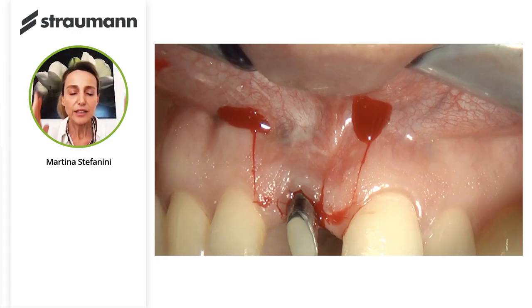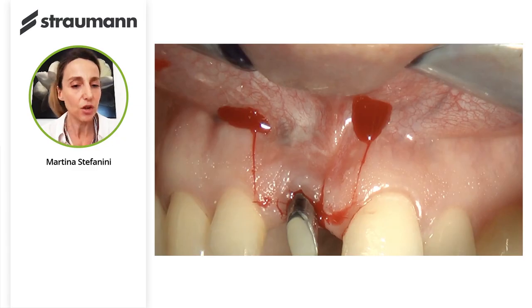We need the vertical releasing incision to attain the right coronal advancement of the flap, because we can take advantage of the fact that we don't have a tooth in this case.